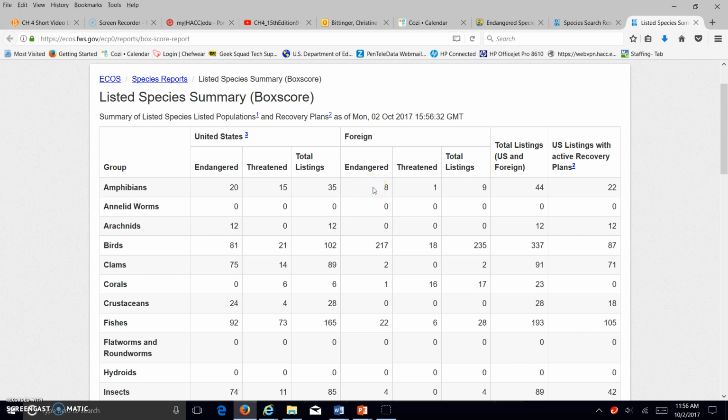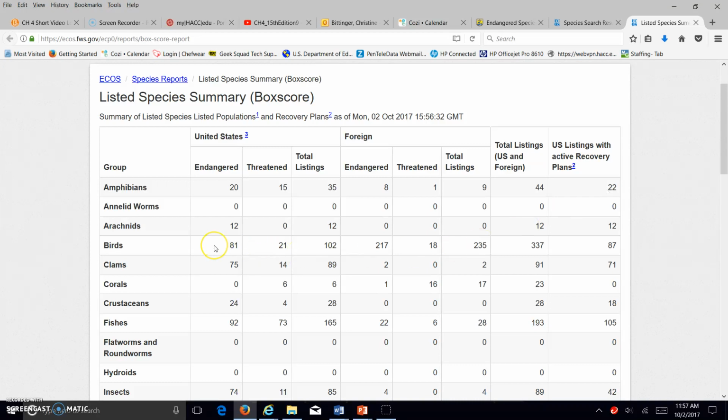Internationally, there are considered to be 8 endangered amphibians, 1 threatened, for a total of 9 species. Total species in the amphibian category that are threatened or endangered are 44 species. And then we can get more detail on specific species that have recovery plans in place where they're trying to help those species numbers come back.